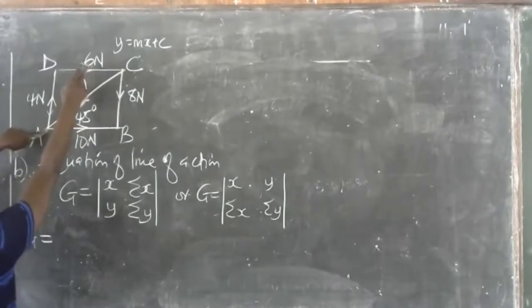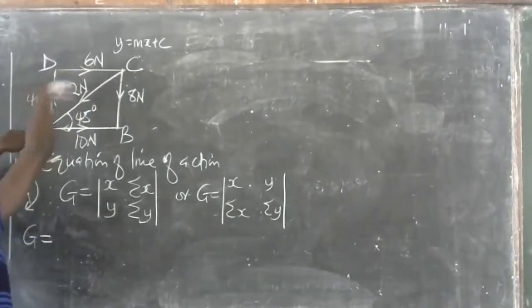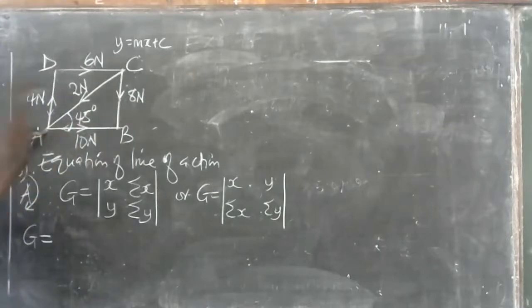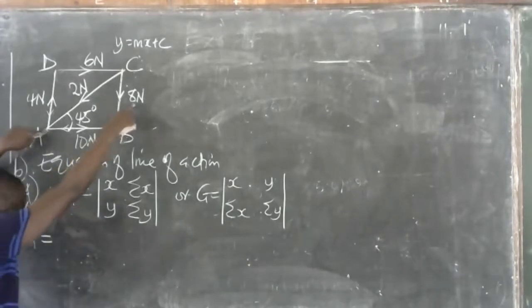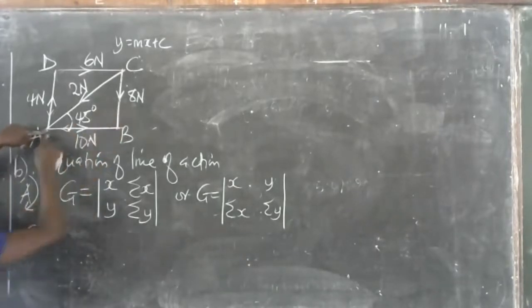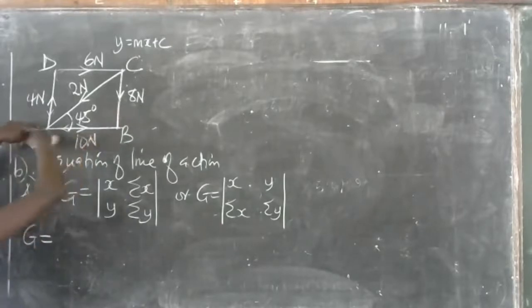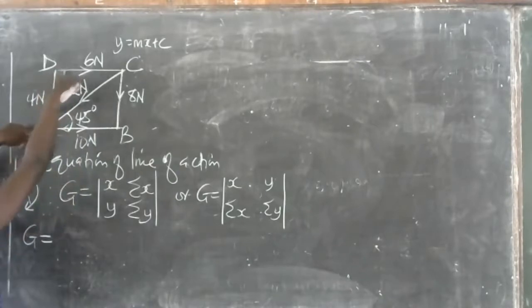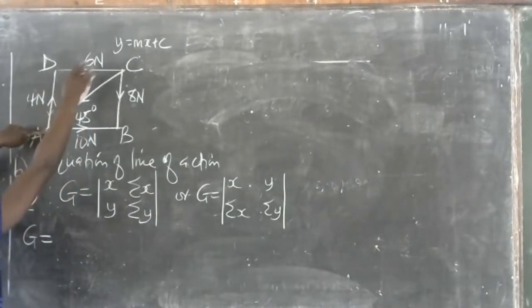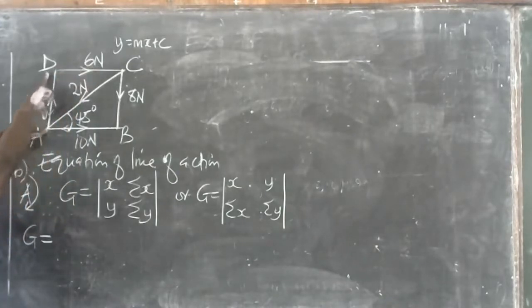The 6 Newton's force is also clockwise about point A, and therefore negative. Now, the perpendicular distance of the 8 Newton's force from point A is the length AB. And the perpendicular distance of the 6 Newton's force from A is length AD.